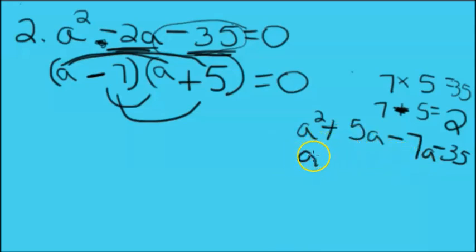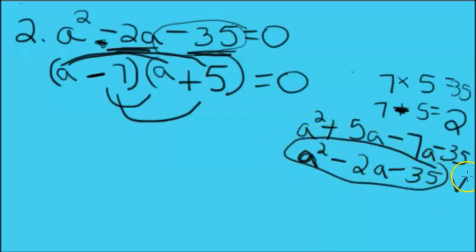So we have a squared, then 5 minus 7 is negative 2a. It goes down because the higher number is a negative. So then we have a squared minus 2a minus 35, and this answer checks because it is the same as our original polynomial.